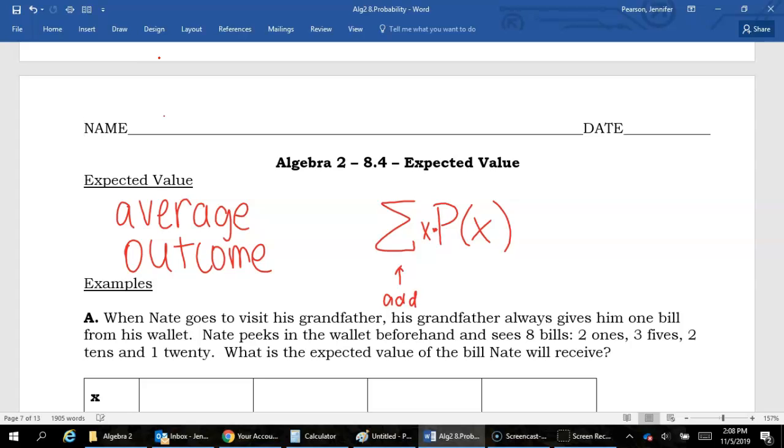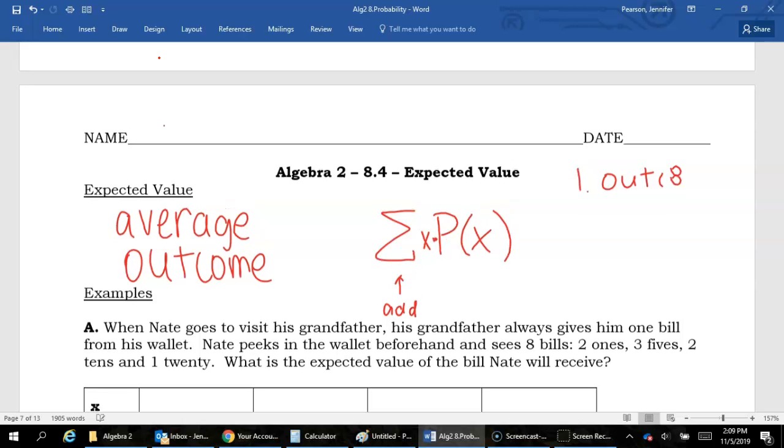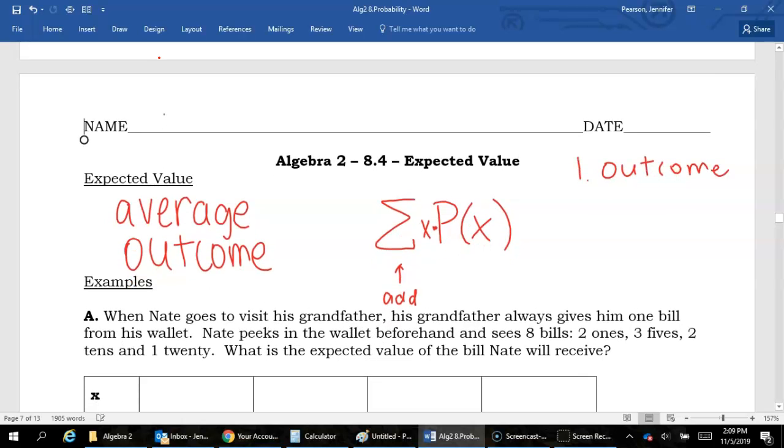I put some tables on this worksheet that's going to do all of those steps for you. So 1, list the outcomes. 2, find the probabilities. 3, multiply each of those.